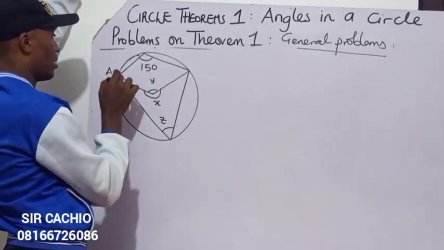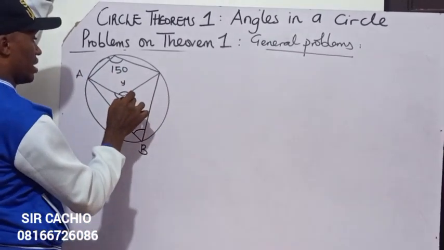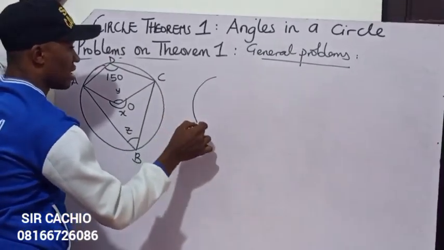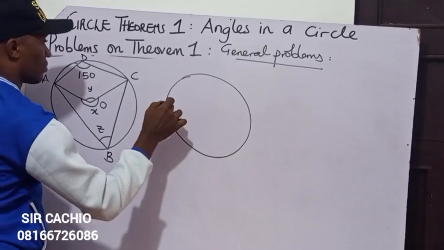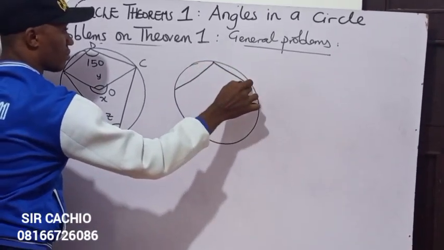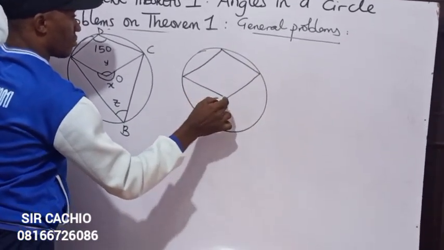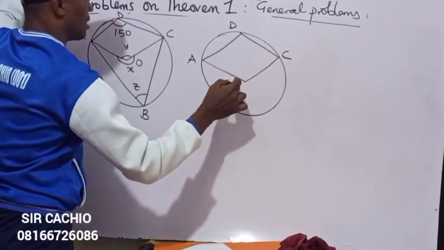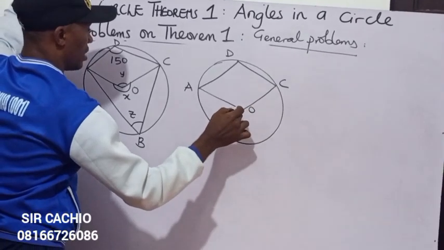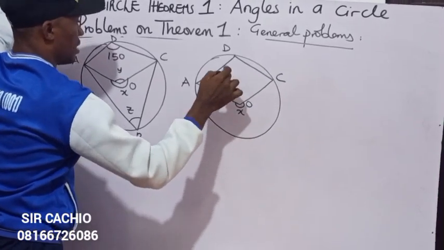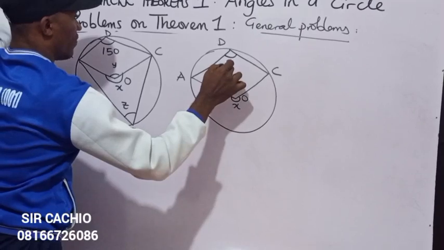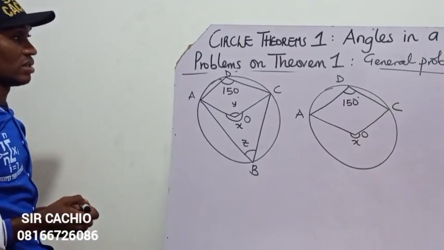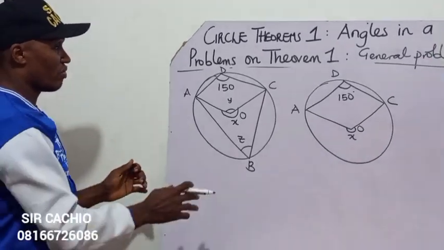Okay, let's name it A, B. Here is O, normally the center O, C, and D. Now, can you see A, D, C? Here is O, and here is x, and here is 150. Now, can you see something like that?